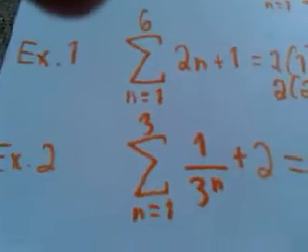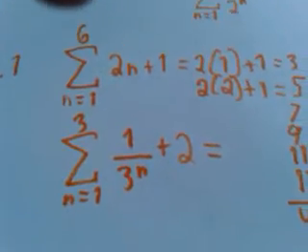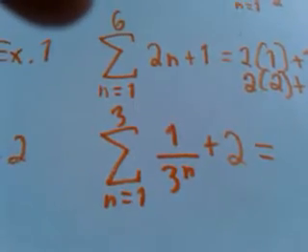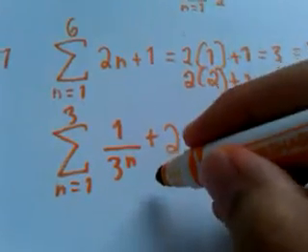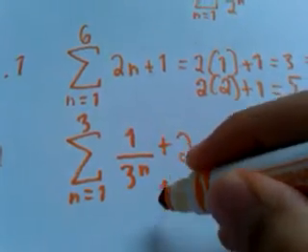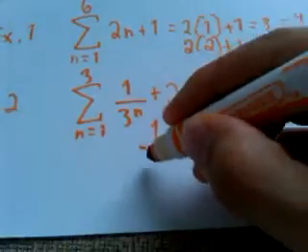So what if we had something like this? This is a little more complicated, but still nothing too involved. Let's say we have n equals 1 to 3 of 1 over 3 to the n, plus 2. We start the same way. Whenever we see an n, we just plug in our index values.